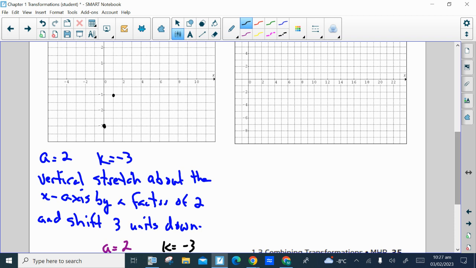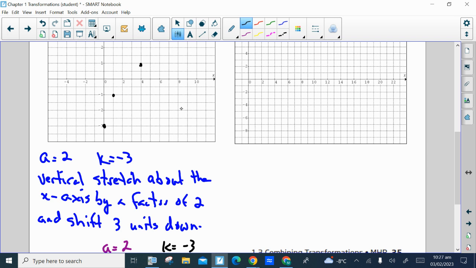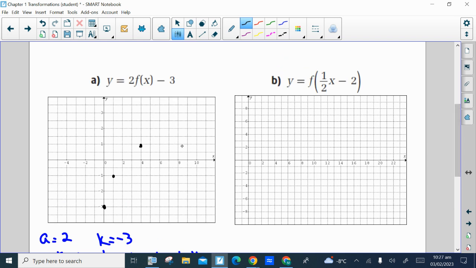Our next one is 4, positive 1. And our last point is 9, 3. Again, this graph has a definite starting point and ending point, so we don't put arrows on the end.